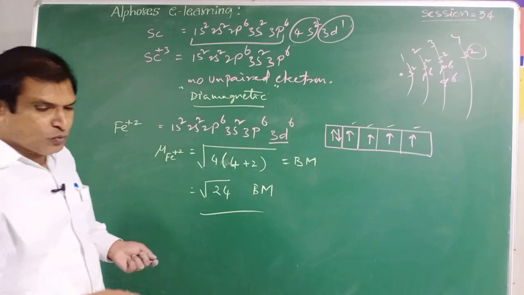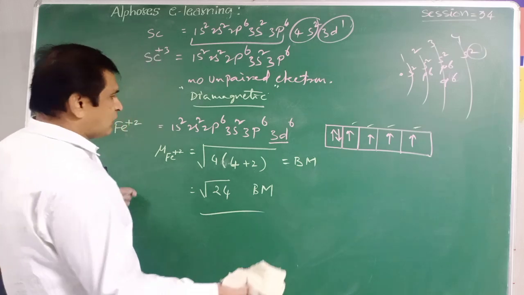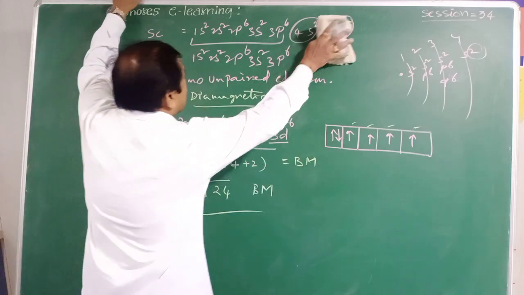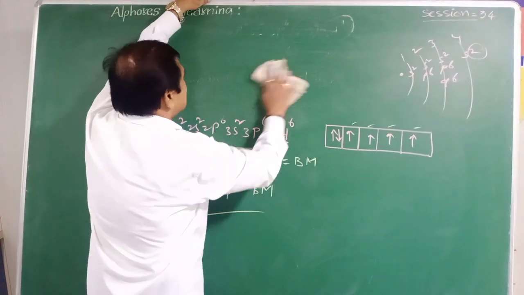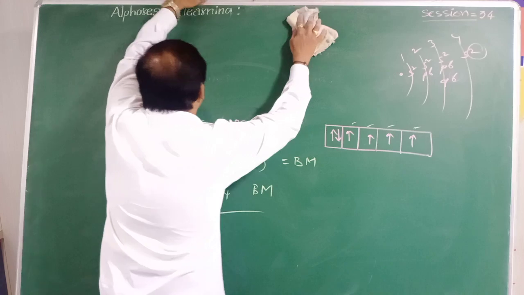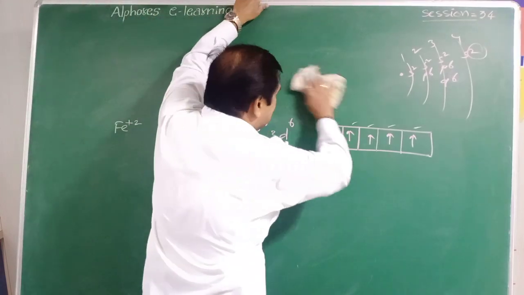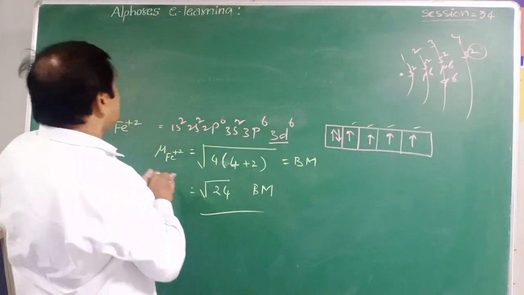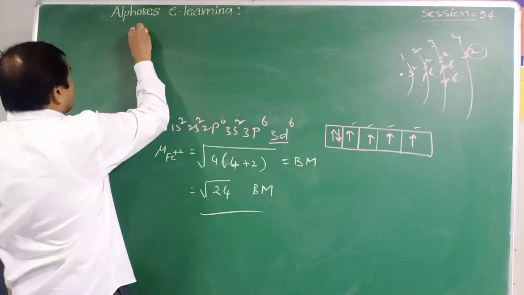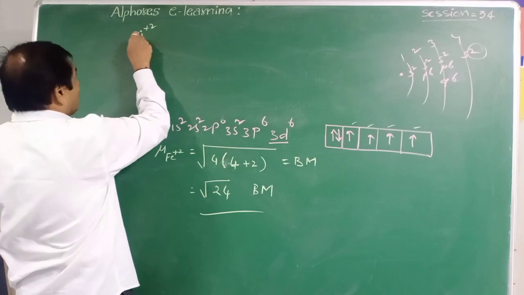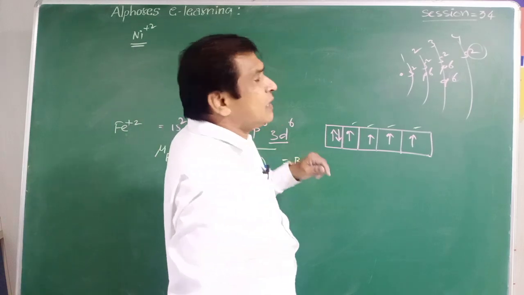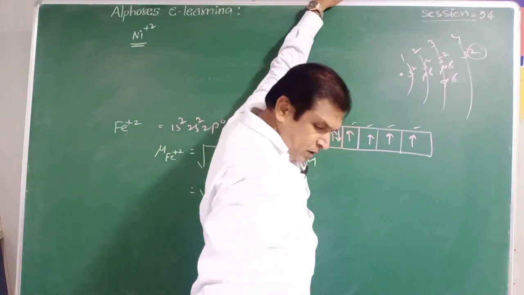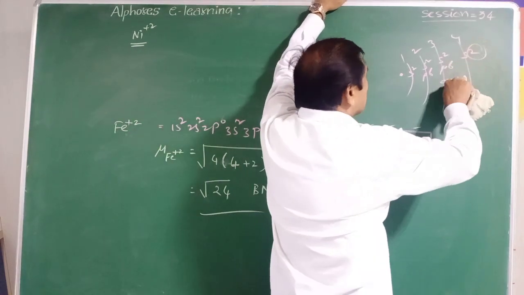Let us take up one more example. Say nickel, atomic number 28, the nickel plus 2 ion. The normal configuration is 4s2 3d8.